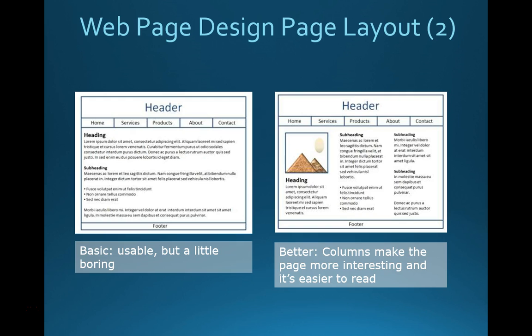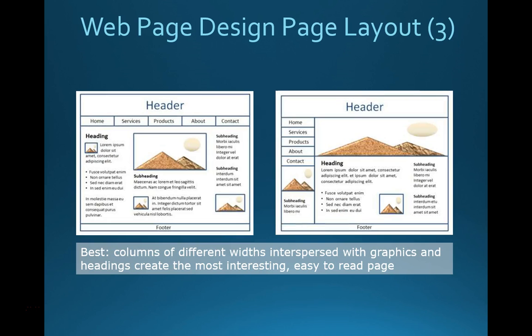Okay? And then the best choice would be something like this. We have 2 samples for that, where again we're still using those 4 areas: header, navigation, content, and footer. However, in this particular example on the left, you're getting multiple graphics at different sizes, and those 3 columns. So this becomes even more interesting than the previous one. And then here, our layout changes a little bit.